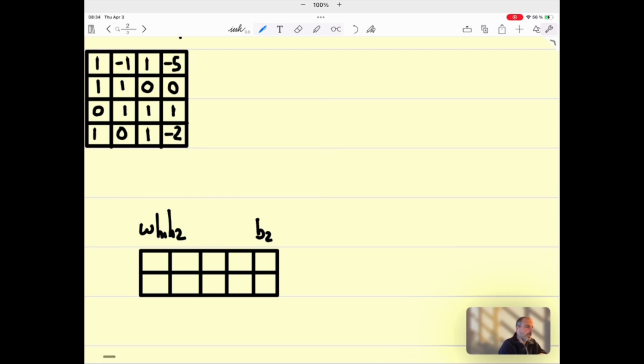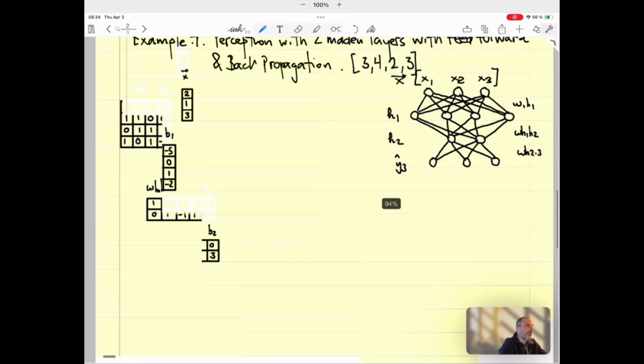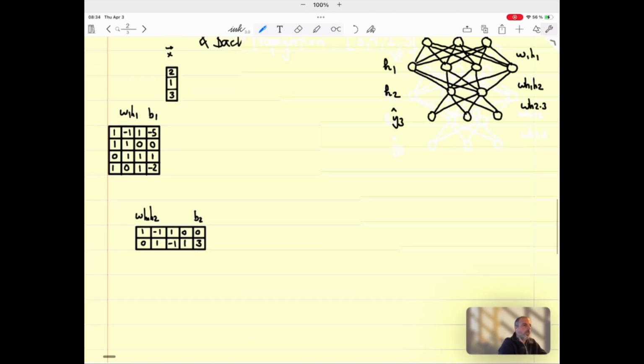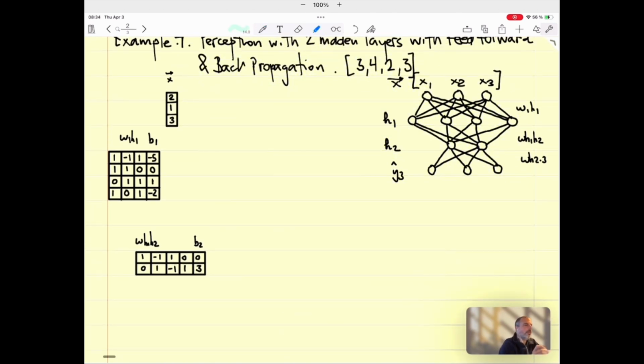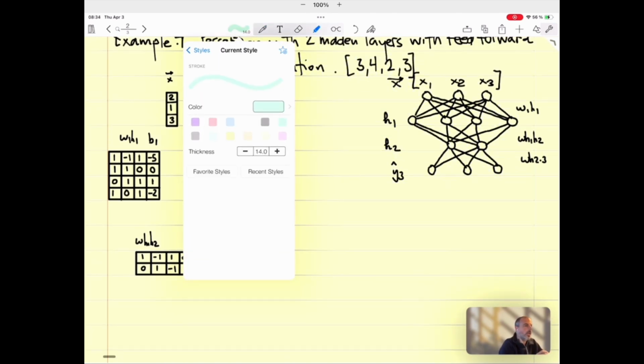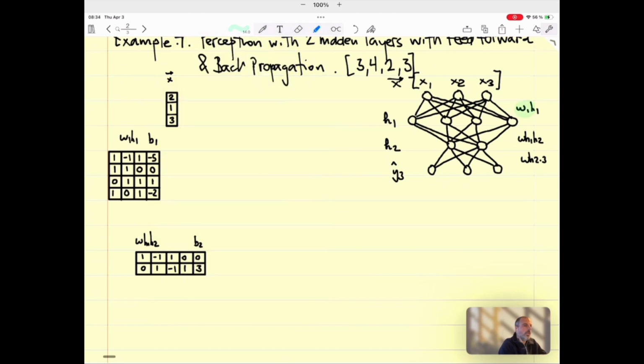And if it's pretty, it's easy to learn. So 1, minus 1, 1, 0, 0, and then 0, 1, minus 1, 1, 3. All right? So right now we have this one in place, and this one in place.